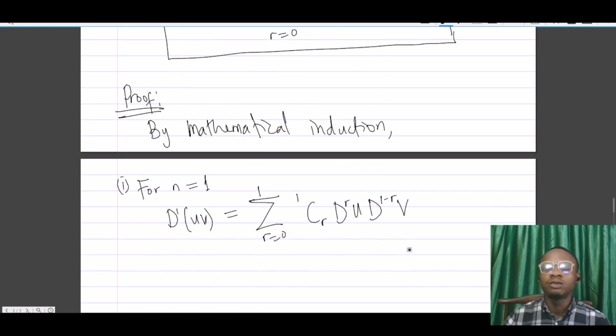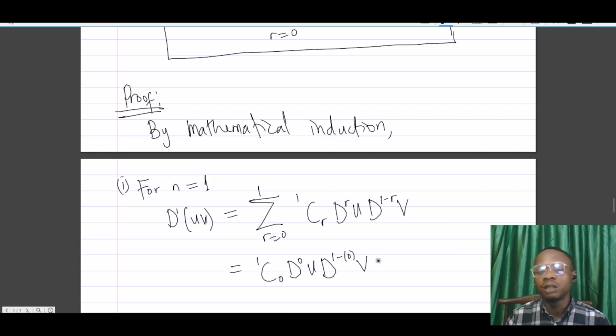If we go by this statement, for the first term we set r equal to 0. So when r is 0, this will be 1 combination 0 of d to the power 0 of u, then d to the power 1 minus 0 of v.